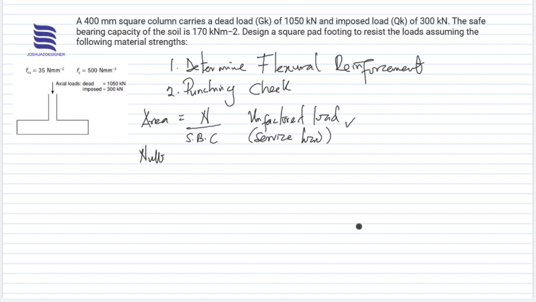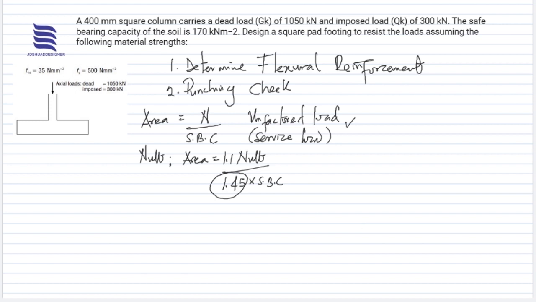So let's assume the loadings that we have obtained is the ultimate load acting on the pad foundation, right? So in order for us to obtain the area in this case, we will need to apply the allowance for the self weight, then we divide by 1.45 multiplied by the soil bearing capacity. Now this 1.45 somewhat removes or nullifies the factor that had been applied to the ultimate load, thereby leaving us with the unfactored load.